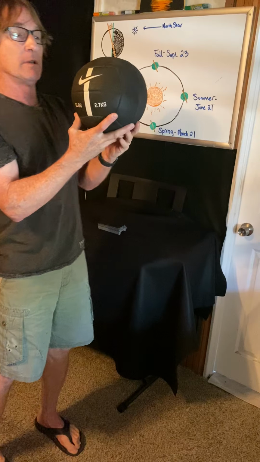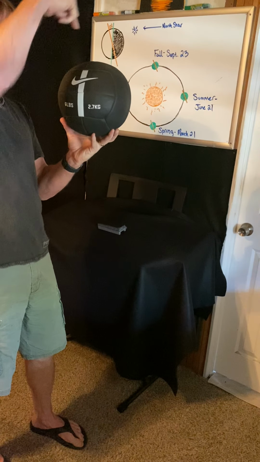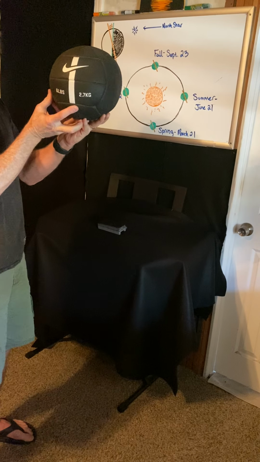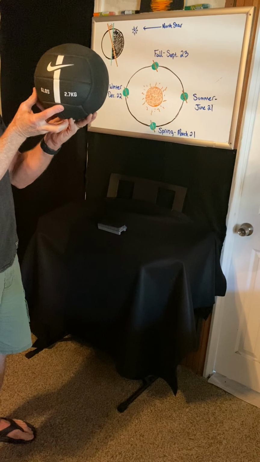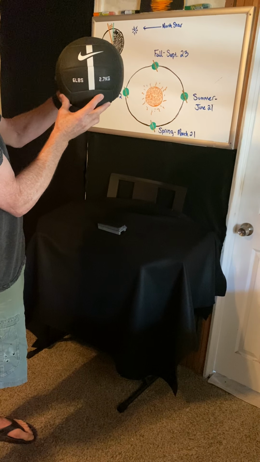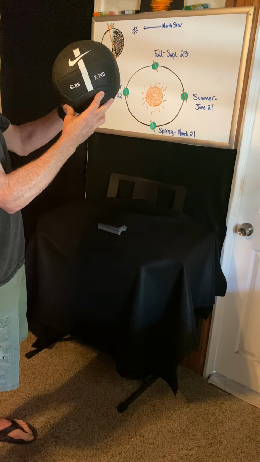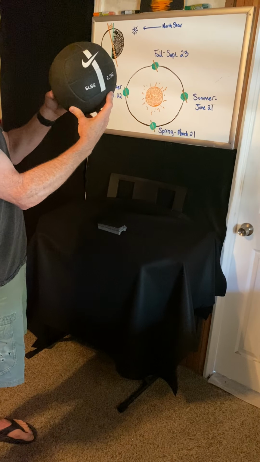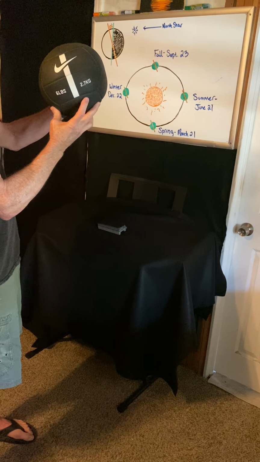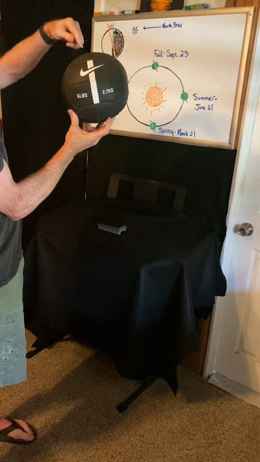Well, the Earth's axis, or imaginary line right through the center and all the way through, is tilted at 23.5 degrees. So the Earth's axis is tilted at approximately this angle here. So as it rotates and spins every 24 hours, it rotates upon that axis.